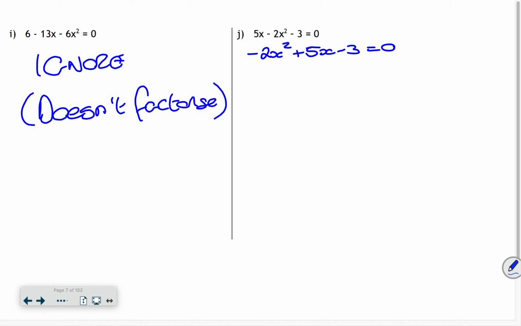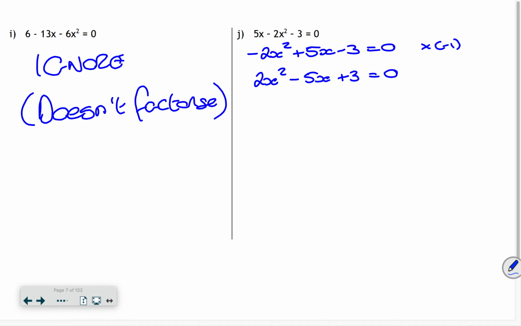So what I like to do is multiply the whole thing by negative 1. It's a perfectly valid method as long as what you do to one side you do to the other side. But multiplying 0 by negative 1 just gives you 0 anyway. So that will give me 2x squared minus 5x plus 3 is equal to 0.